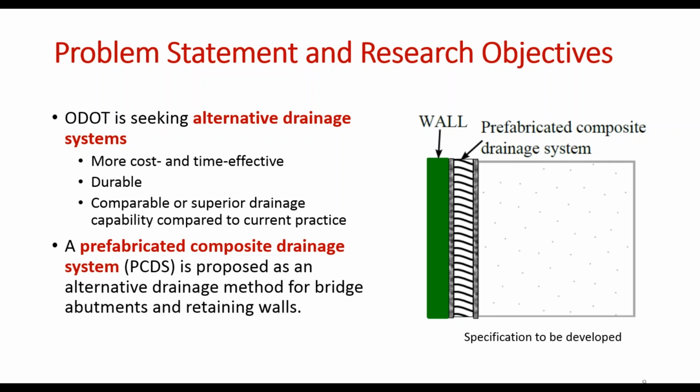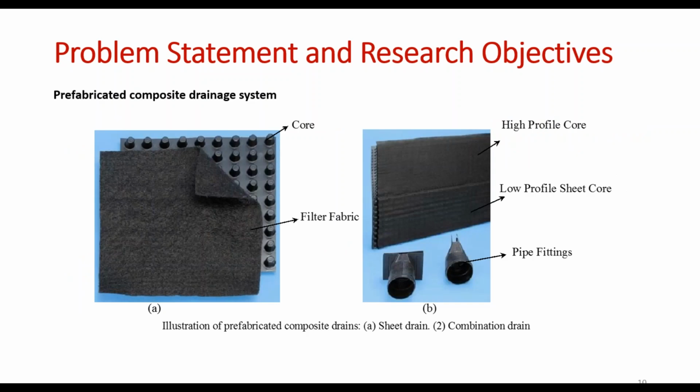So the idea is we replace that porous backfill, so the gravel, with a prefabricated plastic material. Okay, and we also have one layer of this fabric to provide a similar function. So here is a close-up look at a sample PCDS system.